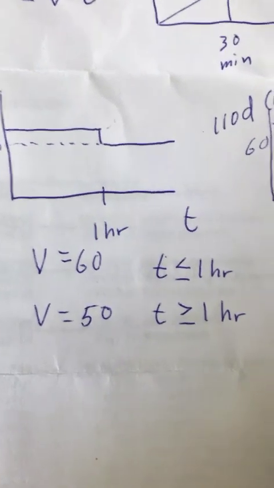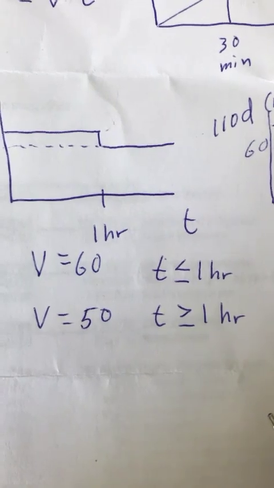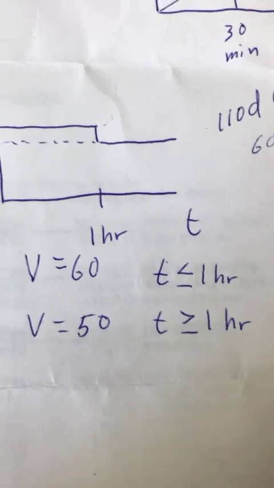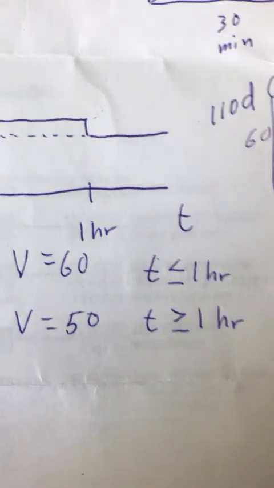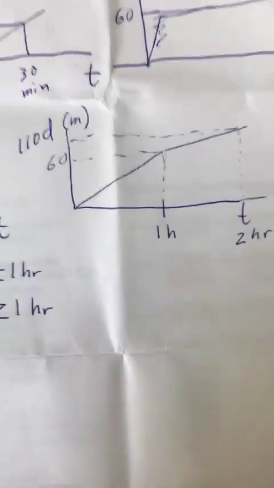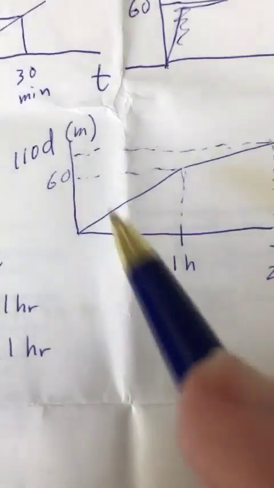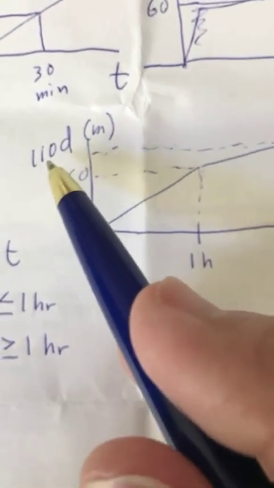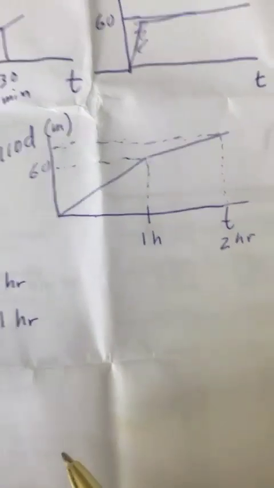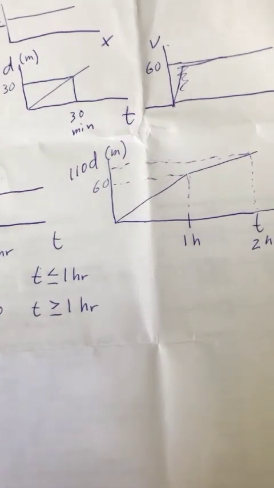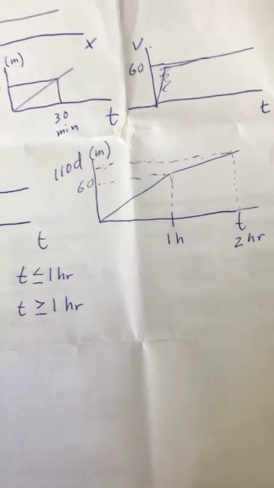When he slows suddenly from 60 to 50, it's not 0 time. It takes him a second or two, but we're going to approximate it as 0 time where he decelerates, because that's good enough for the calculation. This is going to be 110 plus or minus 10 feet or something, some small amount. So it's close enough for our purposes. Okay, I hope that makes sense.